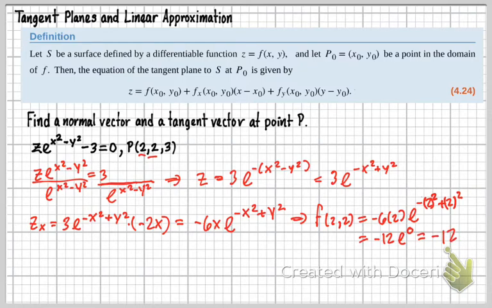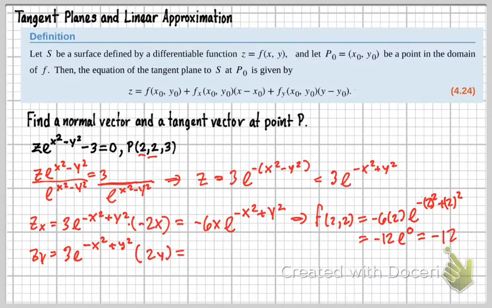So I'm going to do the same thing with the z_y here. And you'll see why I'm doing this in a minute. What we're actually doing right now is we're finding the normal vector to the surface, meaning this surface here. Okay, so my z_y is 3e to the negative x squared plus y squared times negative 2y.